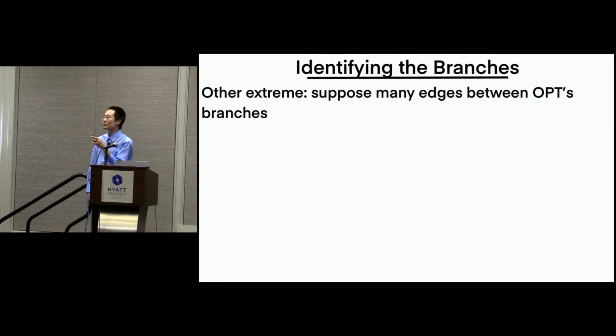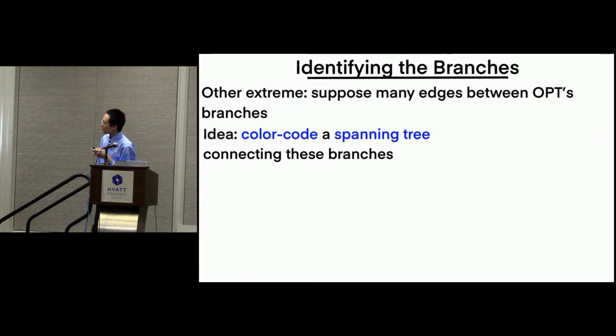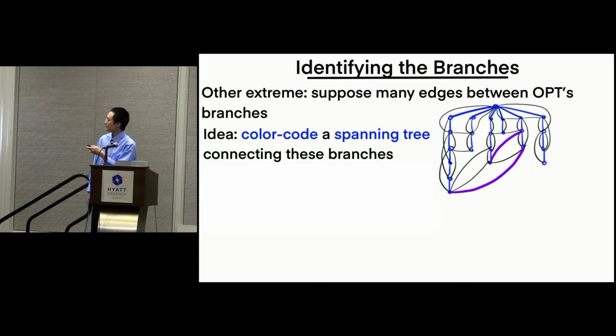In this case, we'll apply a color coding scheme to help us identify the particular branches. We'll color code some spanning tree on these branches. By that I mean the following. Suppose again the opt cuts the first, third, and fifth branch. We want a spanning tree connecting the first, third, and fifth branch.